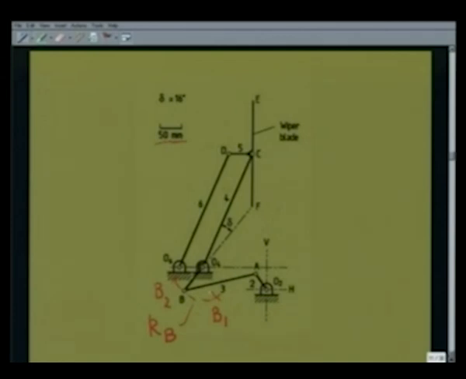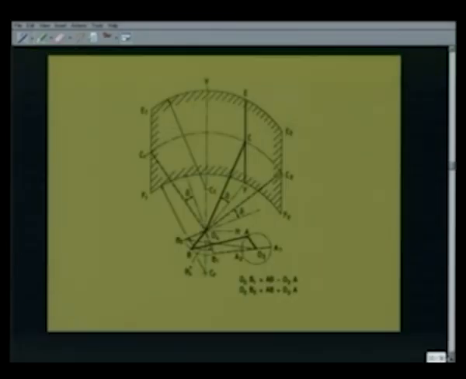Now, as we see, the link 4, this extension O4C is not in line with O4B. There is an angle delta which has been prescribed as 16 degrees. So, we can draw the extreme positions. We have already determined B1 and B2 as explained earlier.